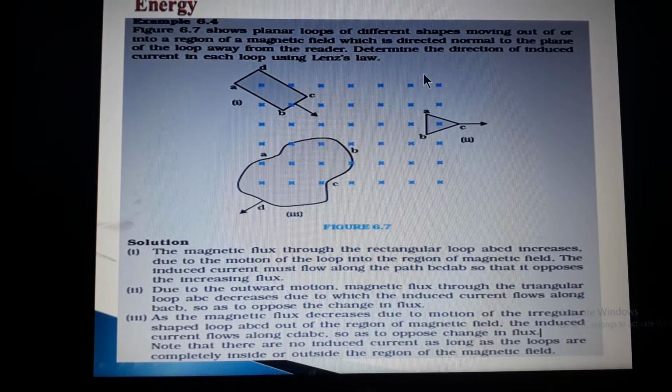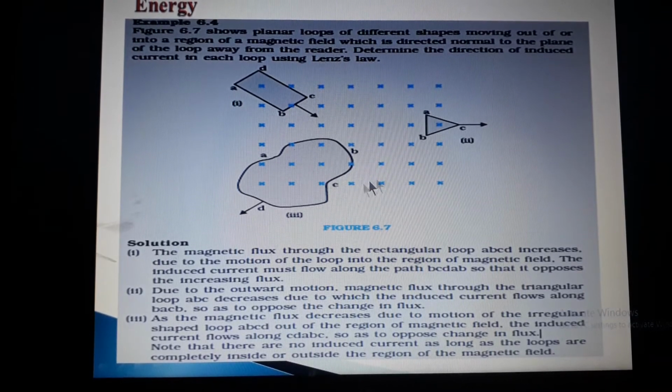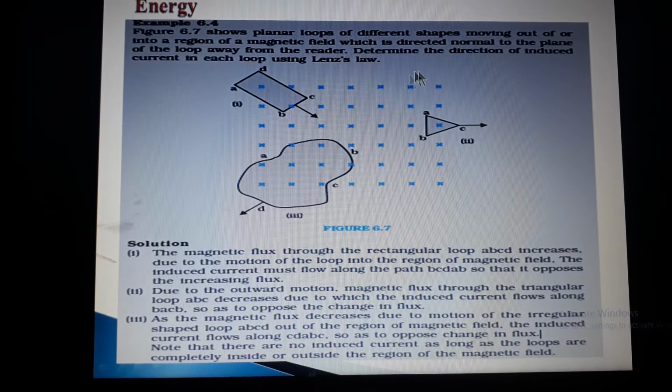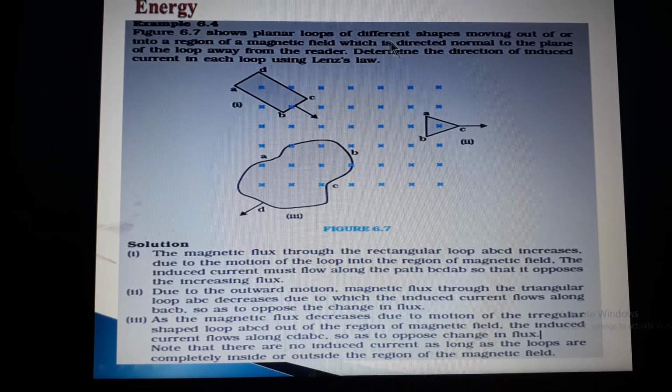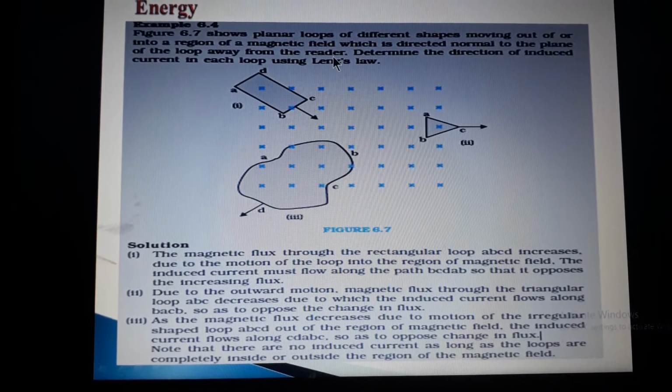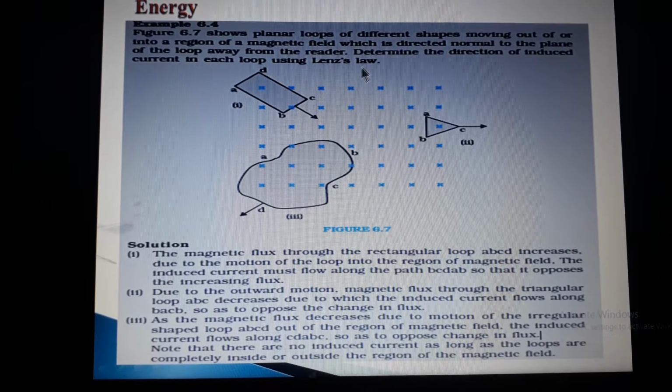This cross is a uniform magnetic field region, directed normal to the plane of the loop, away from the reader. Determine the direction of induced current in each loop using Lenz's law.